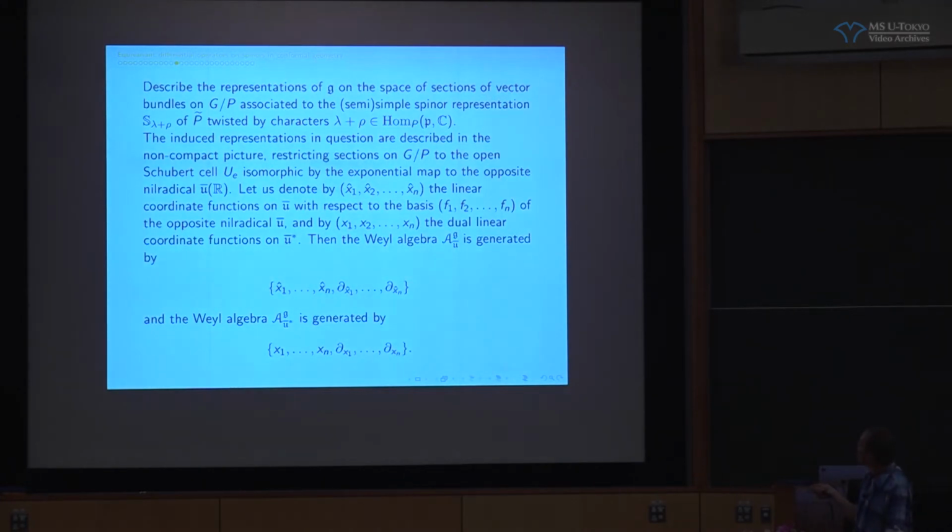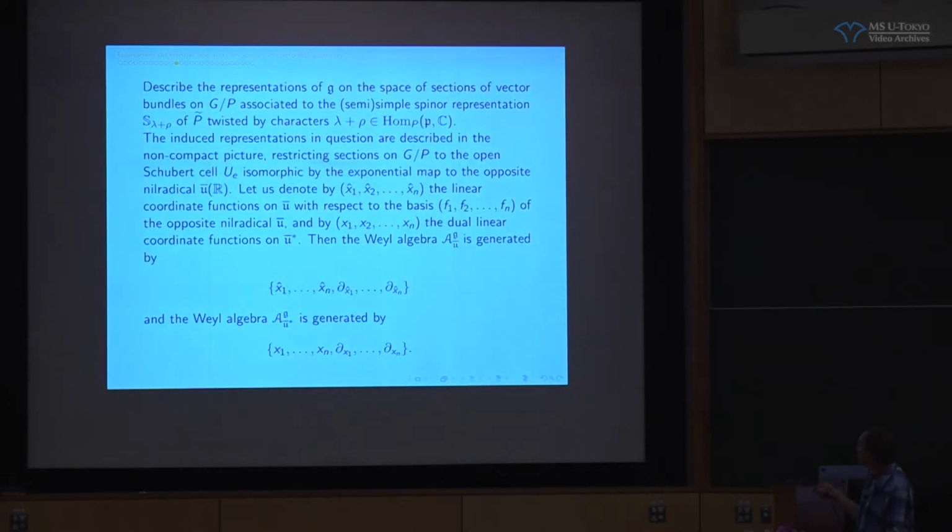So our inducing representation in this case will be the spinor representation, again twisted by character lambda, perhaps lambda plus rho, where rho is again the special character.